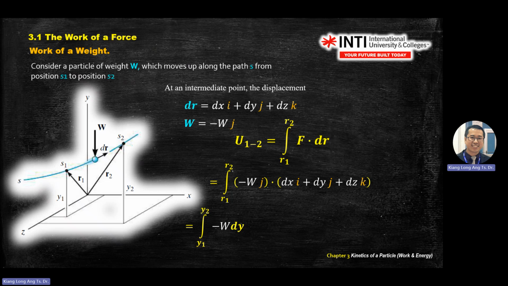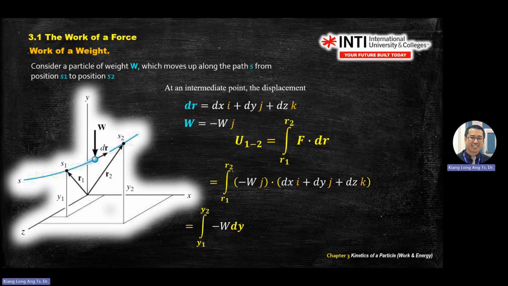Recall dot product and cross product. Dot product, you only get a value when both of them go in the same direction. For example, i dot i, you get 1. You take i dot j, you get 0. i dot k, you get 0. Same with j dot j, j dot something else, you still get 0. k dot k, you get 1.